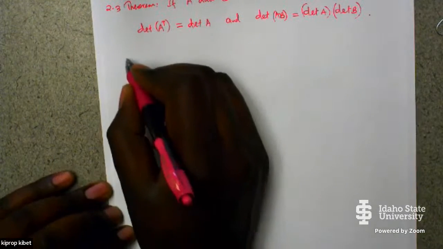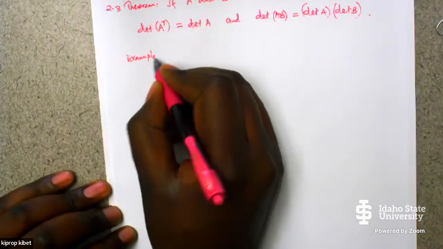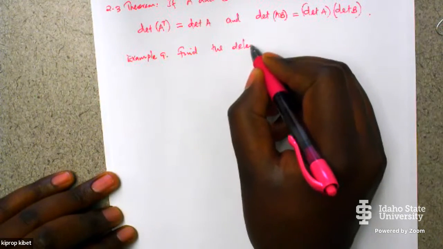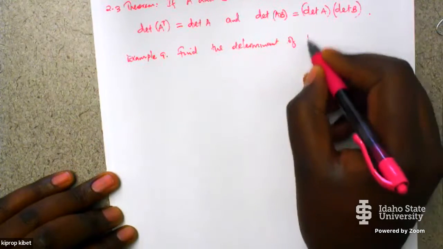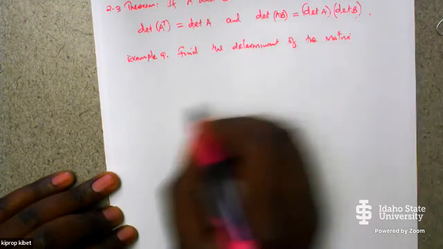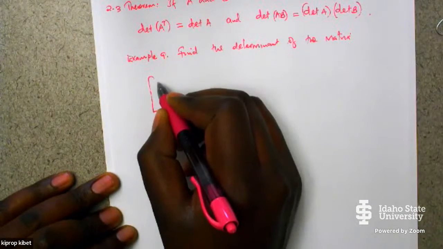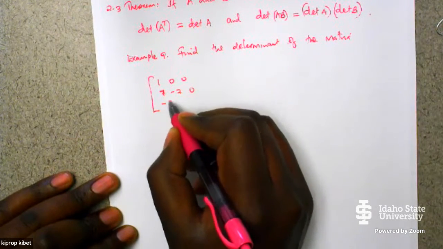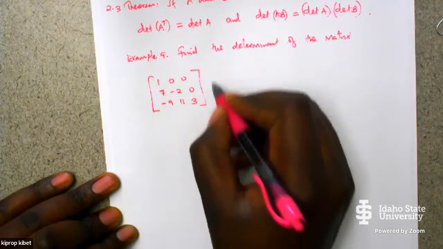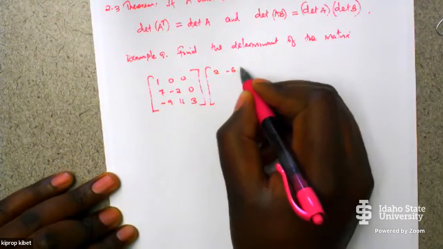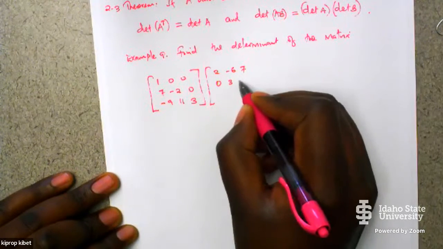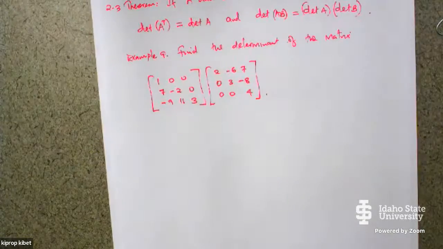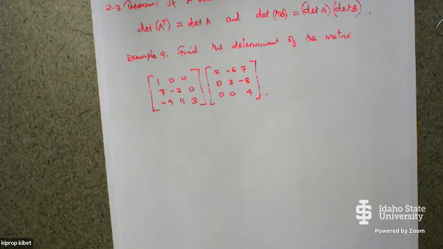For example, example number 9. Find the determinant of the matrix: [1, 0, 0; 7, -2, 0; -9, 11, 3] multiplied by [2, -6, 7; 0, 3, -8; 0, 0, 4].